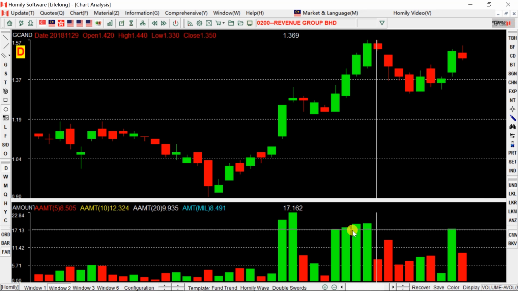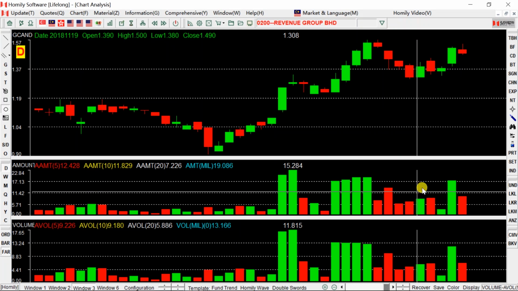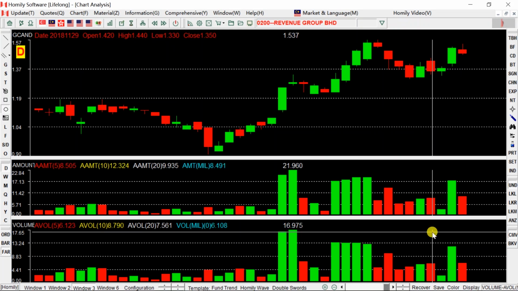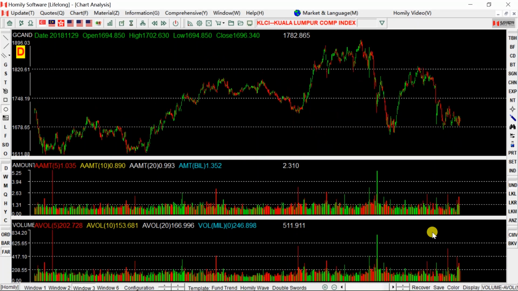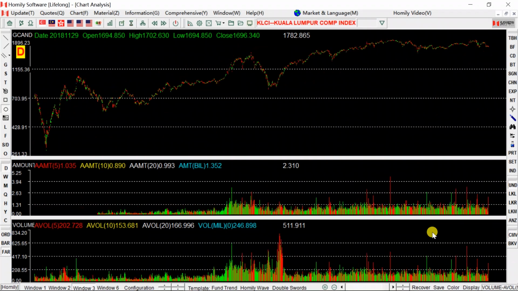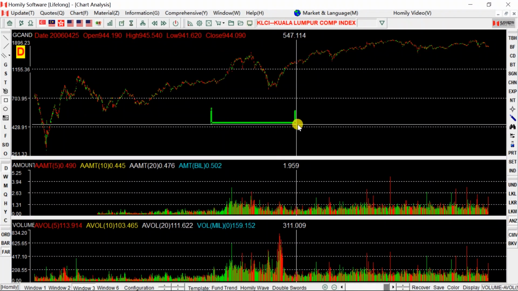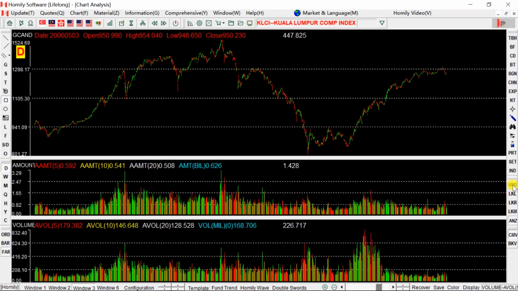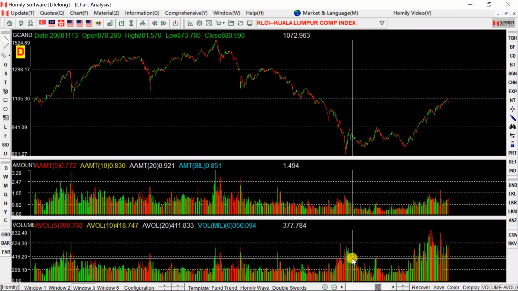Normally we use the comparison between amount and volume to do research on an index. For example, we use KLCI. Here I select a region, for example, this period. At the bottom of the index, there's often a small amount, but the volume is enlarged.